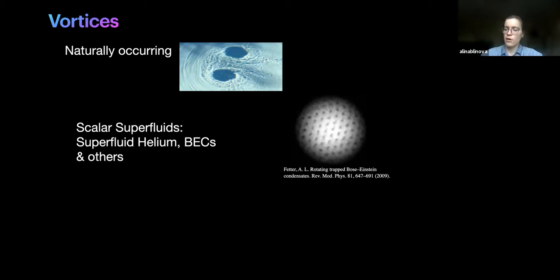And so in a scalar system, the vortices are always quantized with a phase winding of 2 pi.